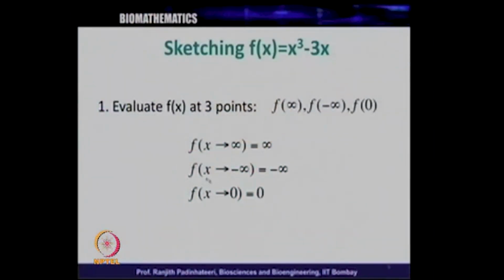These are the 3 limiting values: for extreme values of x, infinity and minus infinity, the function goes to infinity and minus infinity, and at x equal to 0 it is 0. So, we know these 3 values. How does knowing this help us? Let us see.